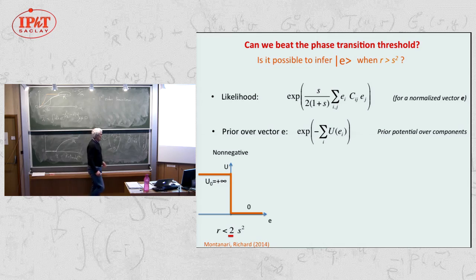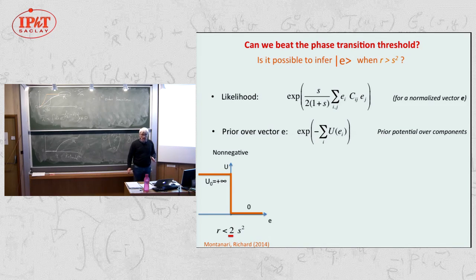So what Montanari and Richard were able to show a couple of years ago is that you can investigate this problem and find that with the help of the prior information, that is, you know that all the E_i are positive, the phase transition telling you where you can decode and find a vector with a dot product which is guaranteed to be always finite when n goes to infinity is not r equal to s squared, as it is without prior information, it's r equal to 2s squared.